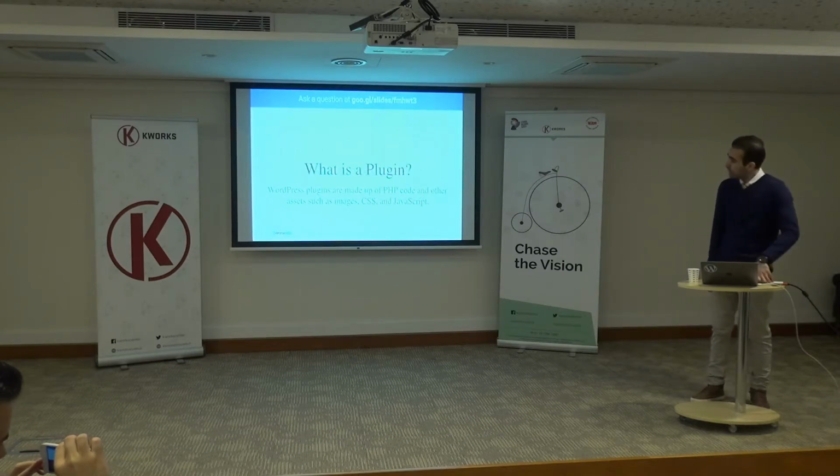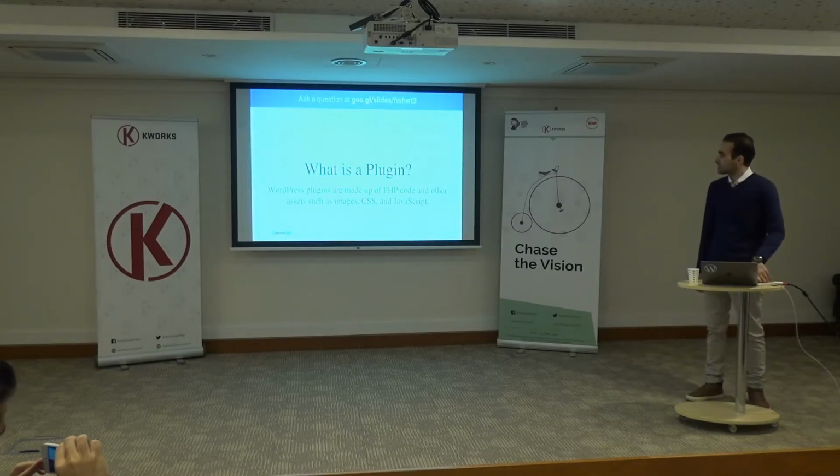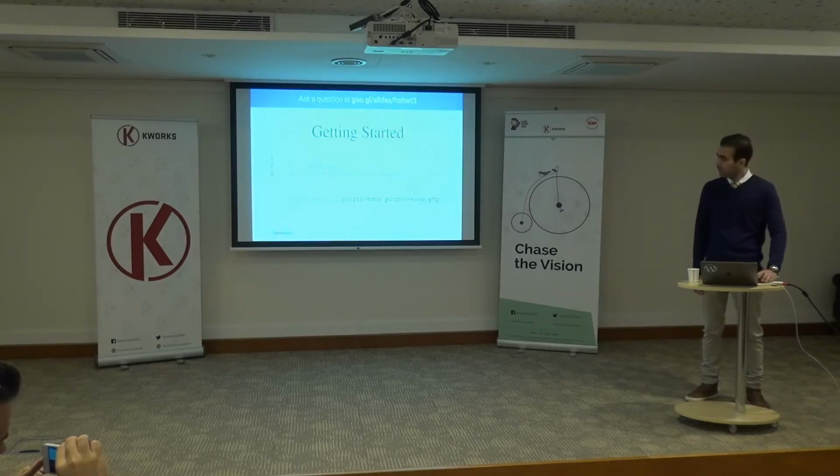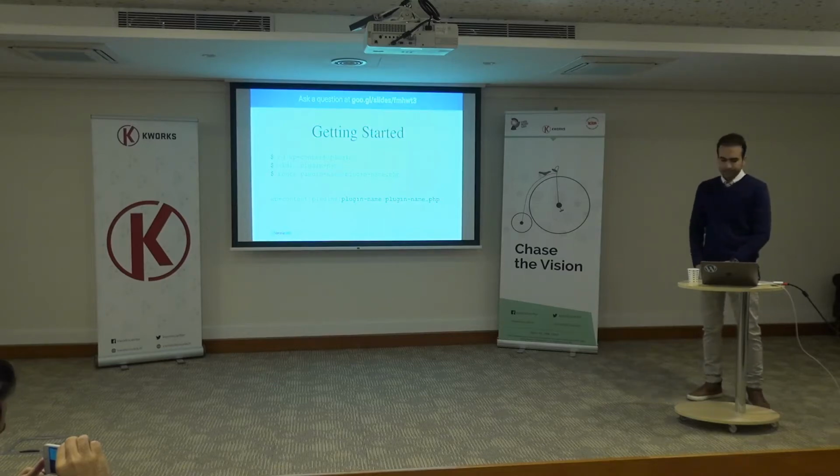What is a plugin? WordPress plugins are made up of PHP code and other assets such as images, CSS, and JavaScript. To make a new plugin, first you need to create a new file in this path. Look at the path.